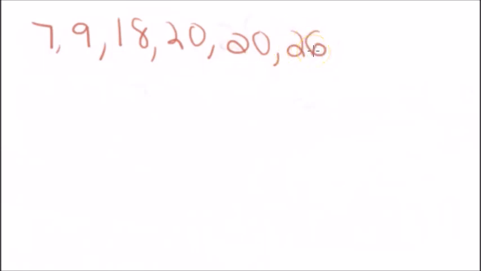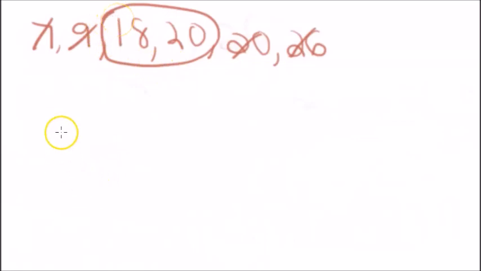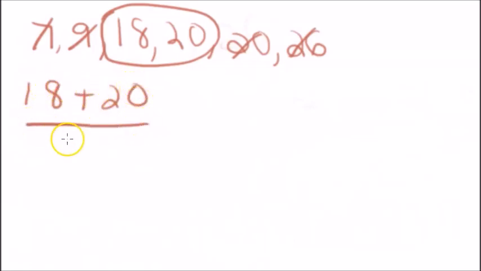Okay, once again, let's do the median. So 7 and 26 are eliminated, 9 and 20. And again, there's 2 numbers in the data set in the middle. So we have to take the average of the 2 numbers. So 18 plus 20 all over 2.